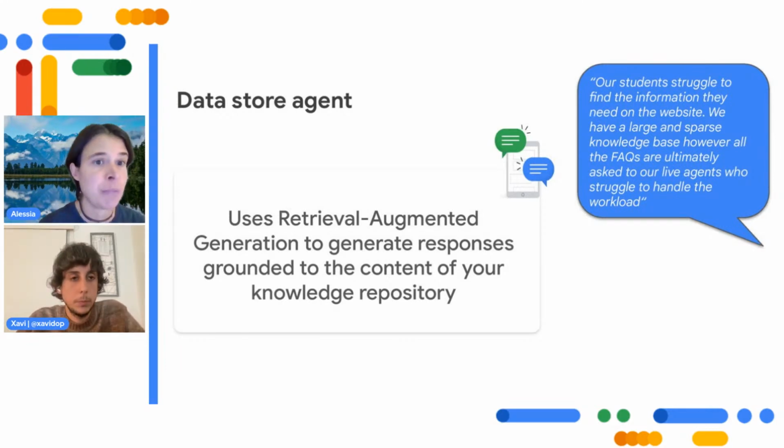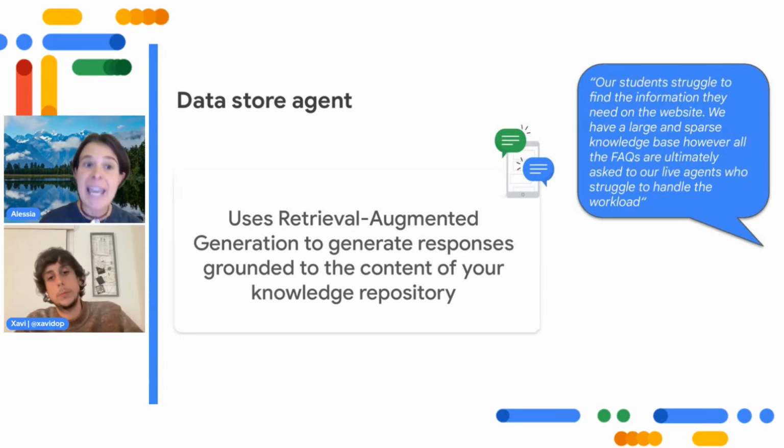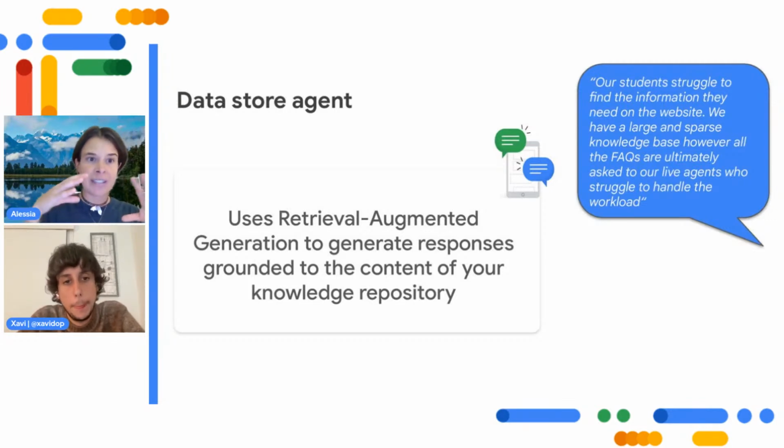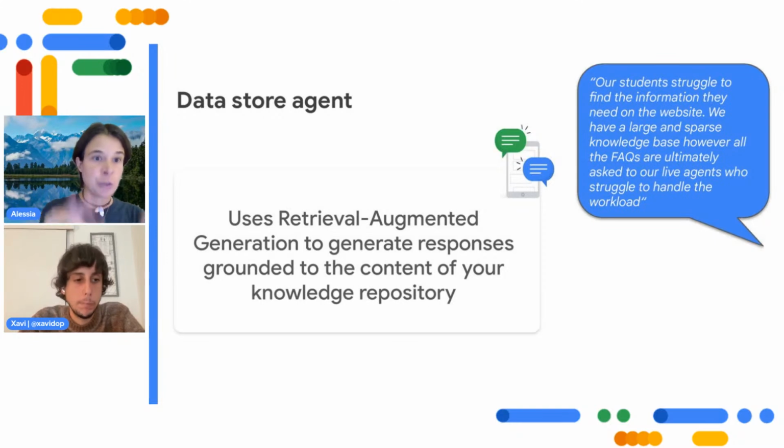And for a corporate chatbot, it might not include information specific to the organization's products and services. So what we want to give our customers and our users is the possibility to get grounded responses, so responses that are consistent and accurate and specific to the knowledge base, to the know-how, to the content.